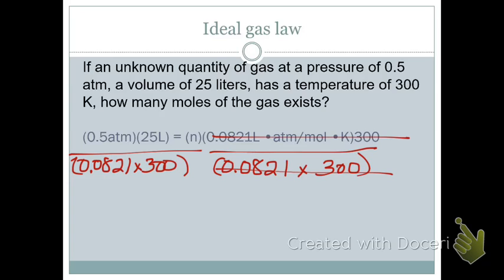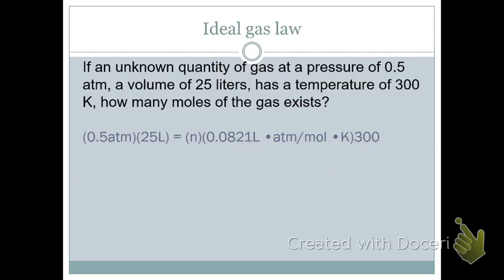It cancels out over here, so that N is equal to, open parentheses, 0.5 times 25 close parentheses divided by, open parentheses, 0.0821 times 300 close parentheses. Press your equal sign, and your answer should be 0.5 moles.